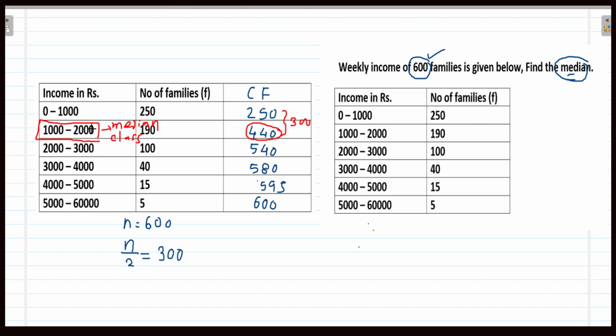So this is the median class, and the cumulative frequency previous to this is denoted by CF, and the frequency of this median class, that is 190, is denoted by F. So here we will write the median class, that is 1000 to 2000.